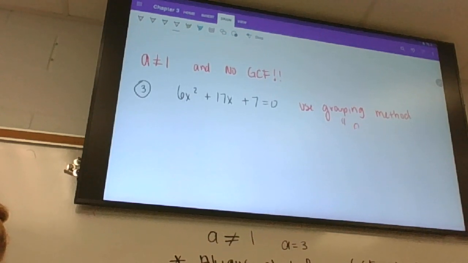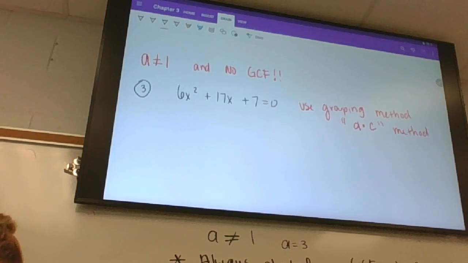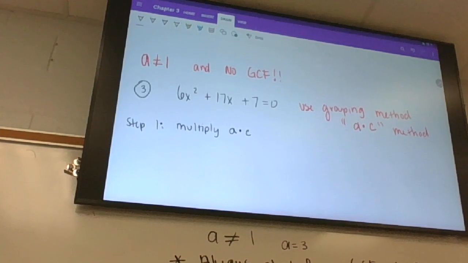It's also known as the A times C method. Okay. Step 1. Multiply A and C. What is that? 42. 6 times 7 is 42.